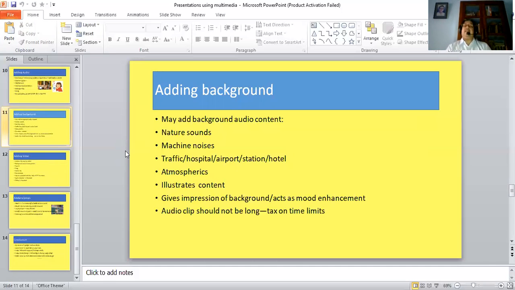All these can be added by way of background to the content of the slides.